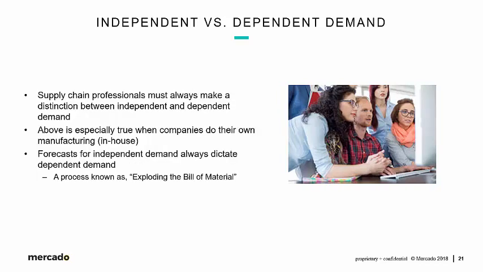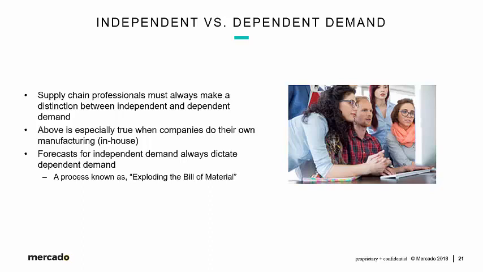Let's talk about that now. As we said, and want to reiterate here, supply chain professionals, we must always make a distinction between independent and dependent demand. One more time, independent demand, finished goods. Dependent demand, raw materials. The amount of raw materials that we are going to need to import is dependent upon the quantity of finished goods that we are going to make. What are we going to make? Depends on the forecast and actual demand signals.